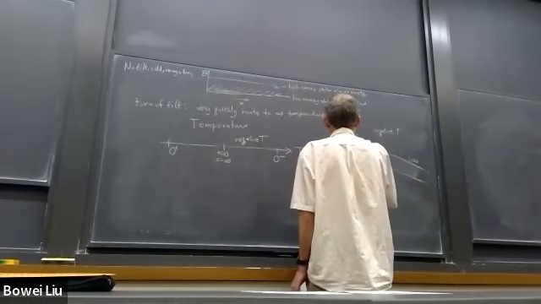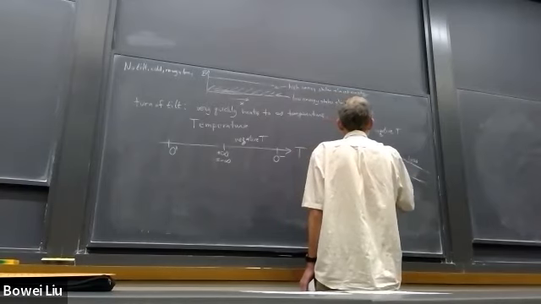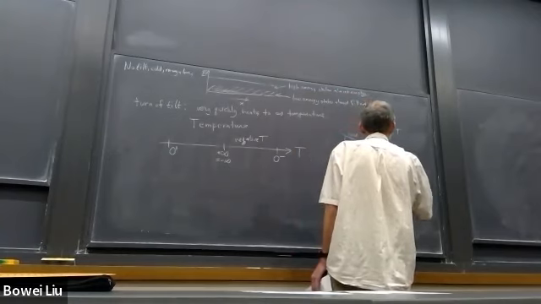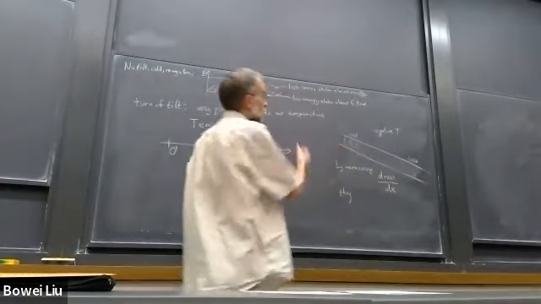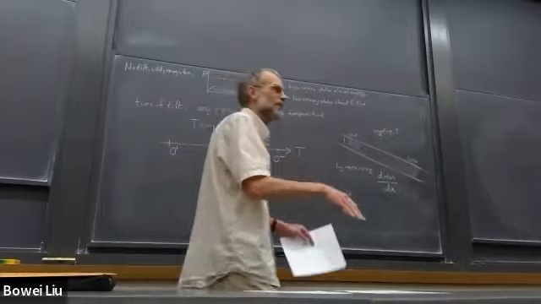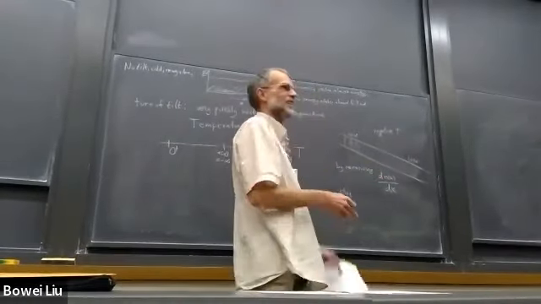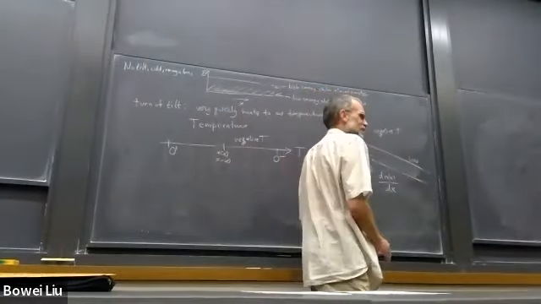And so by measuring n, the density of atoms, n of x dx, which they can, they have these atoms in a microscope, they can actually see them and count them. So they can take a picture of the system and count the number of atoms and look at, are there more here and less here?